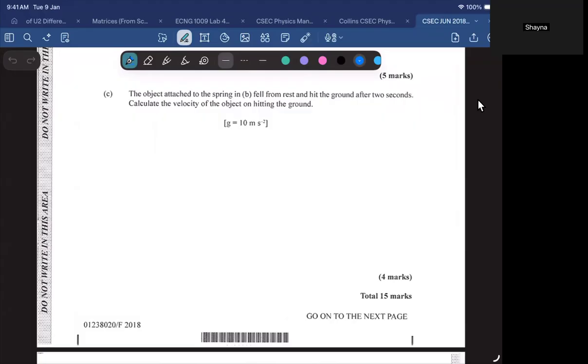U is 0, and it hit the ground after 2 seconds. So they're giving me time, T is equal to 2 seconds. Calculate the velocity of the object on hitting the ground. So they want us to find the velocity.